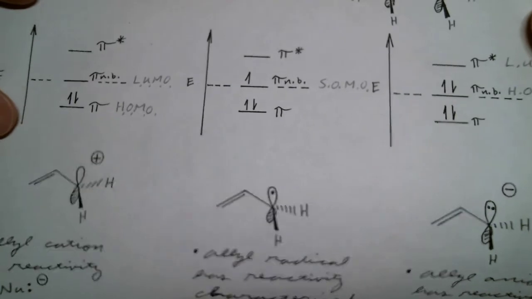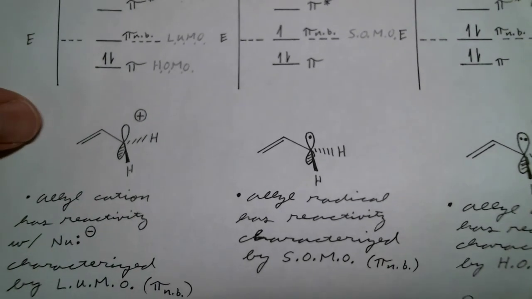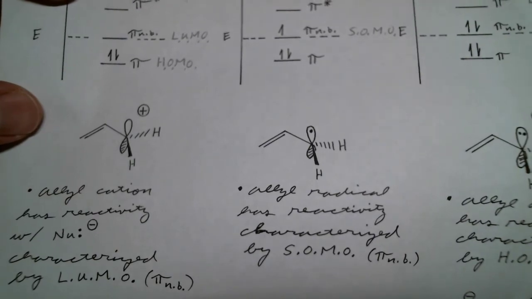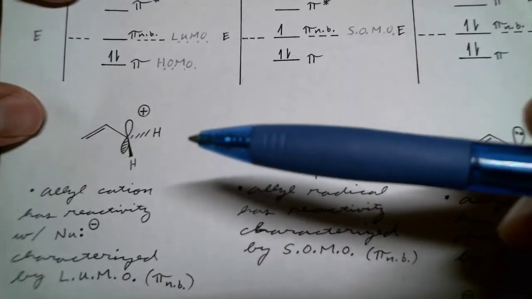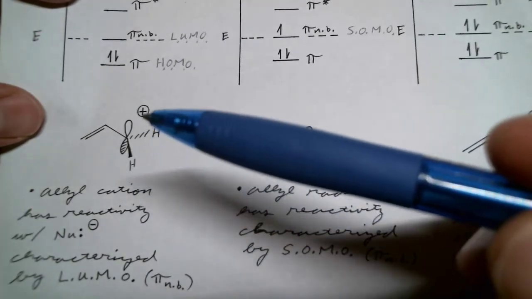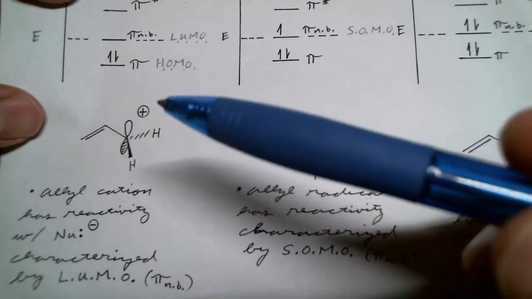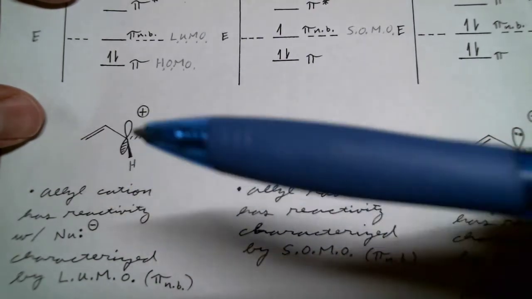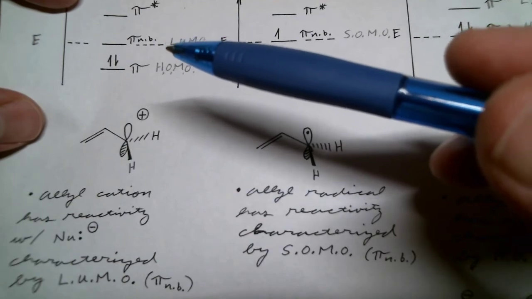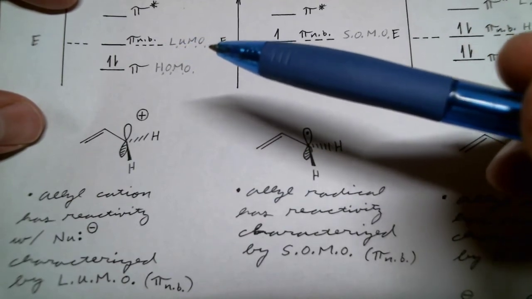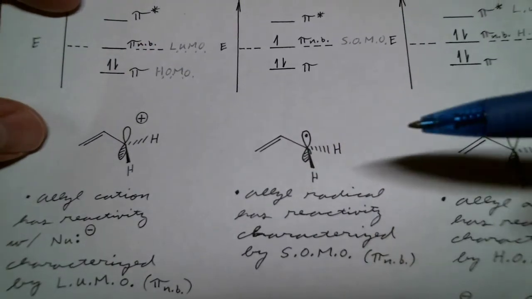The molecular orbital description of the allyl cation basically tells us why resonance works as a way of understanding how nucleophiles react with this type of carbocation. They either add to the rightmost carbon or the leftmost carbon, and that's because of the way the pi non-bonding molecular orbital, the LUMO, looks, because that's where the nucleophile's electrons go.